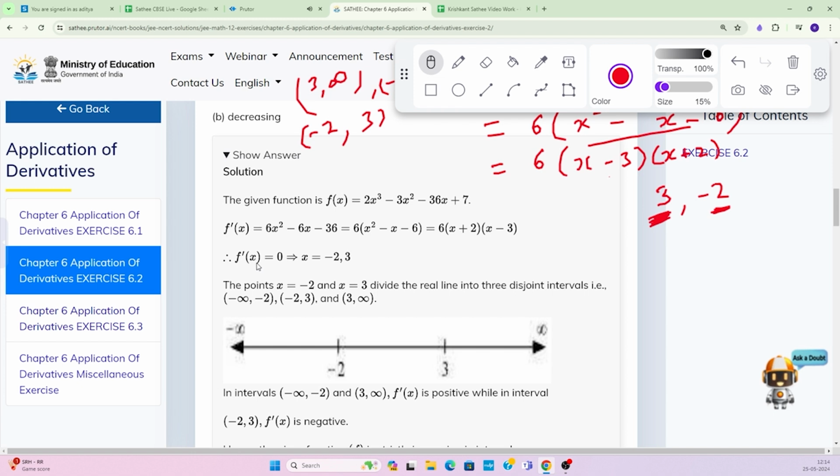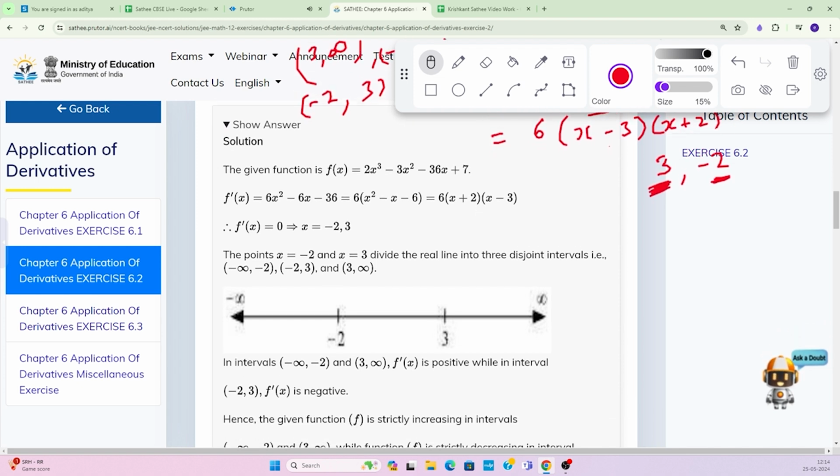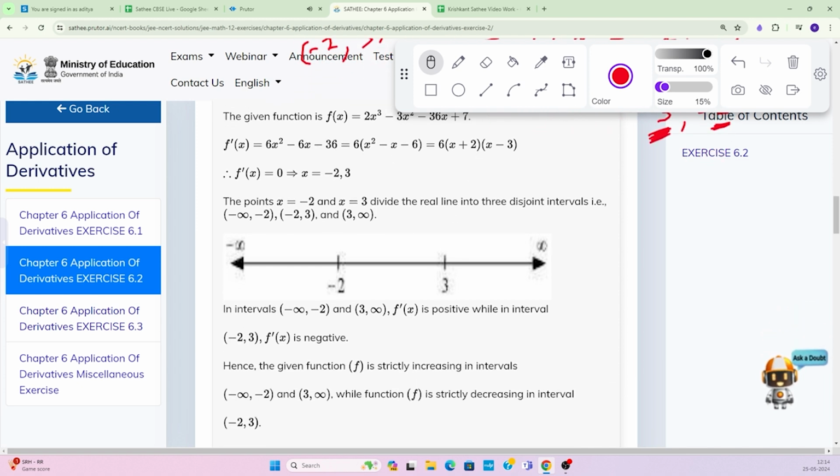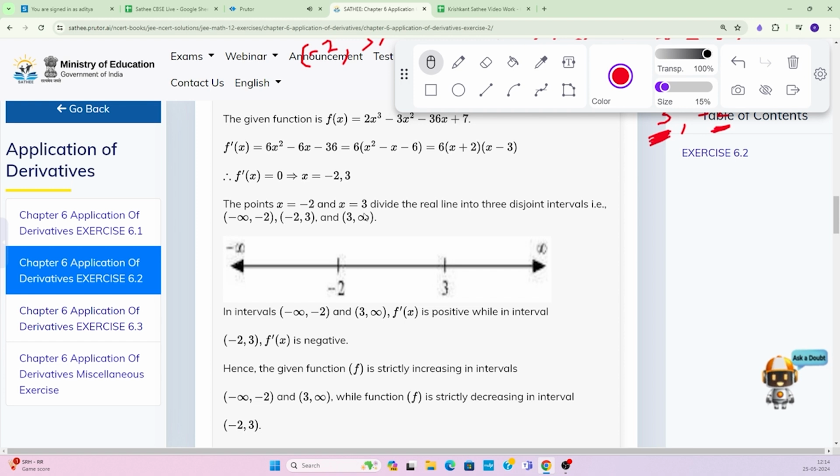So f prime x will give you this form: 6 multiplied with x plus 2 multiplied with x minus 3. This gives you 3 disjoint intervals: minus infinity to minus 2, minus 2 to 3, and 3 to infinity.